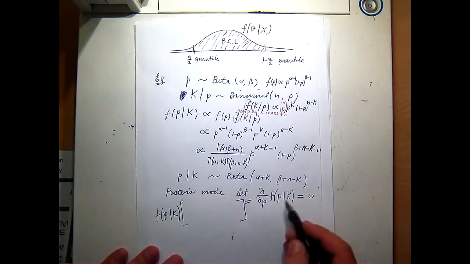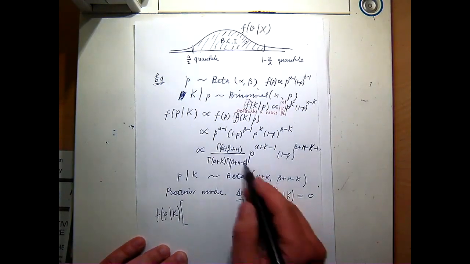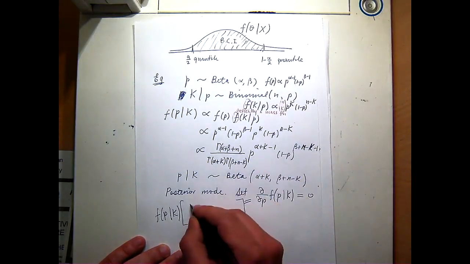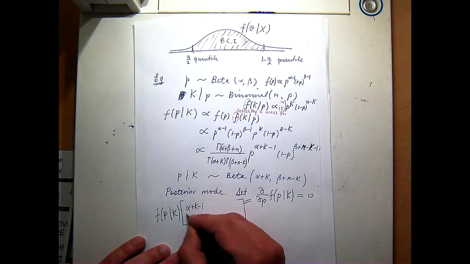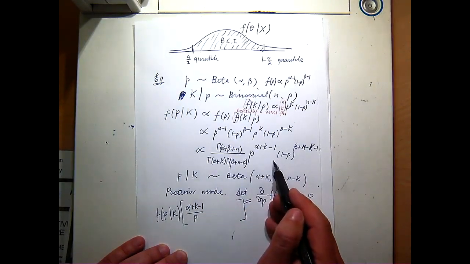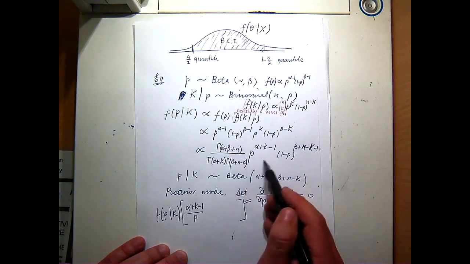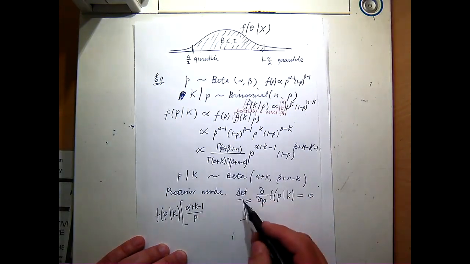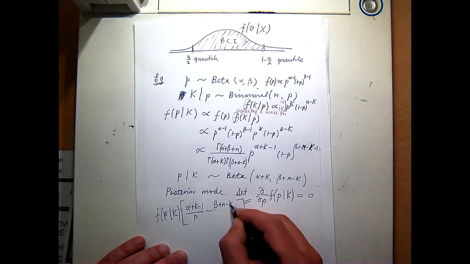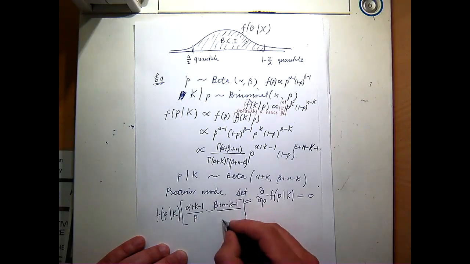But here I won't do the log, I'll just put that constant out the front, and then what's left over is this alpha plus K minus 1 divided by p. If I differentiate this factor, I get alpha plus K minus 1 times p to the power 1 below. So that's taken care of by that. And then minus beta plus n minus K minus 1 divided by 1 minus p.